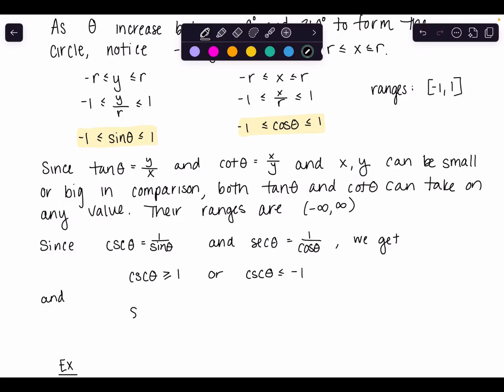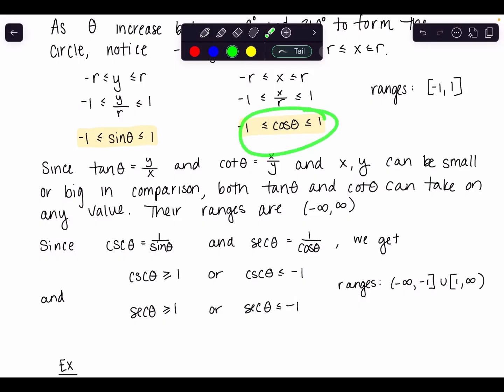And same thing, secant of theta is at least 1, or it's at most -1. So essentially their ranges can be defined by two intervals. It can be something from negative infinity up to -1, including -1, or +1 to infinity. You won't get anything that's in that sine and cosine range, okay?